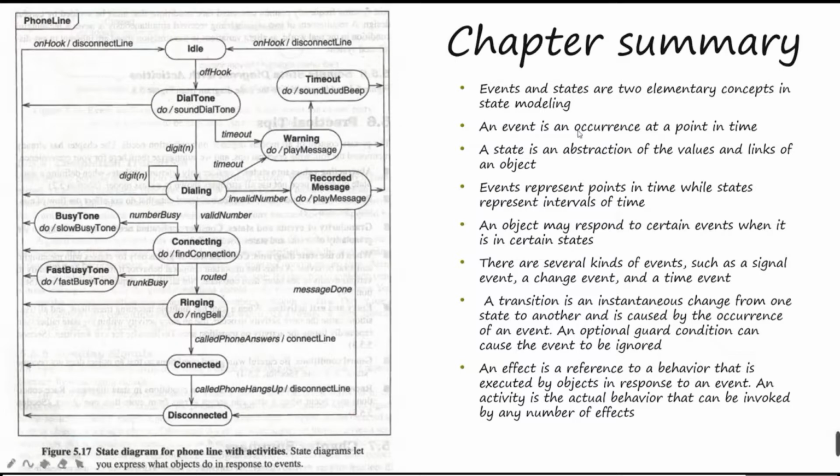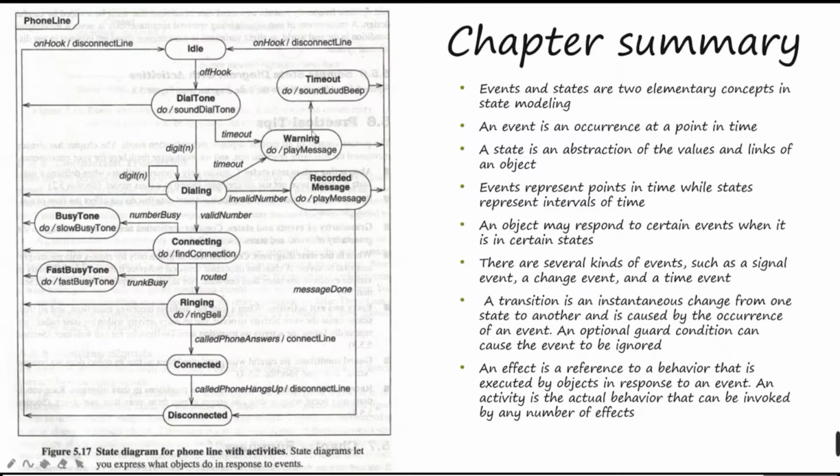An event is an occurrence at a point in time, and a state is an abstraction of the values and links of an object. Each object can usually be divided into several states according to the combination of different attribute values and links. Events represent points in time, while states represent intervals of time.